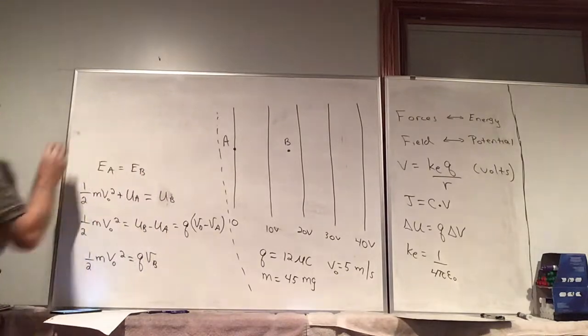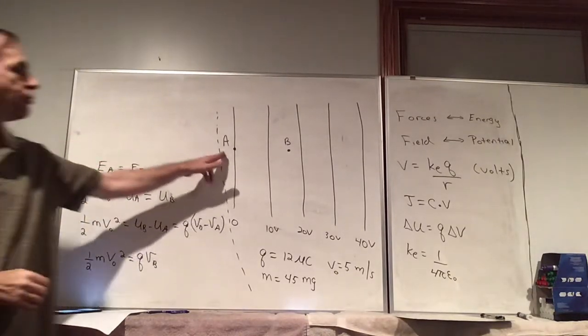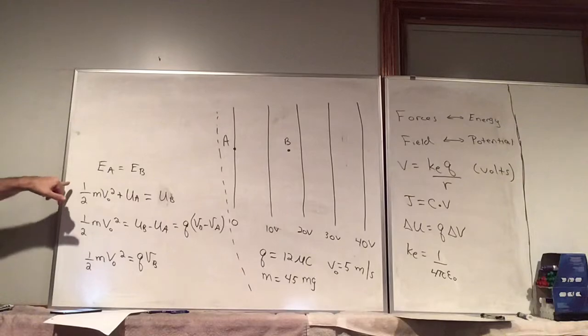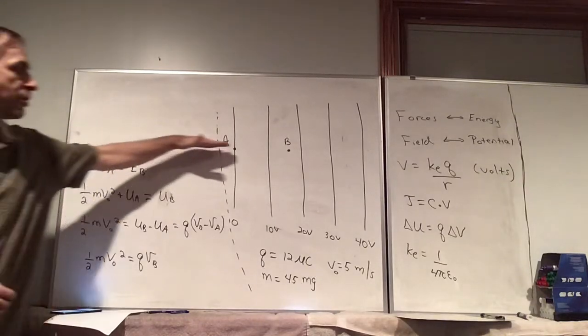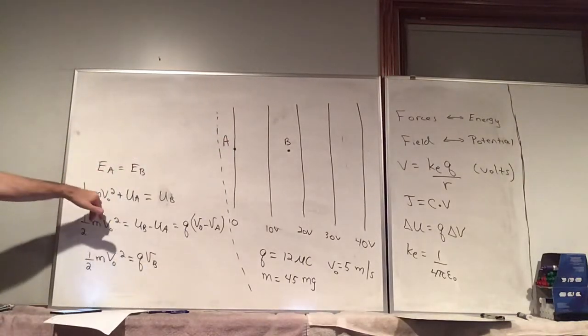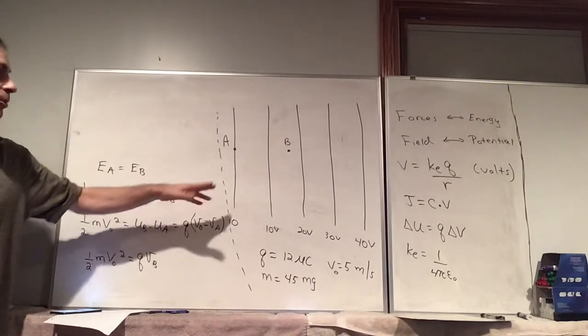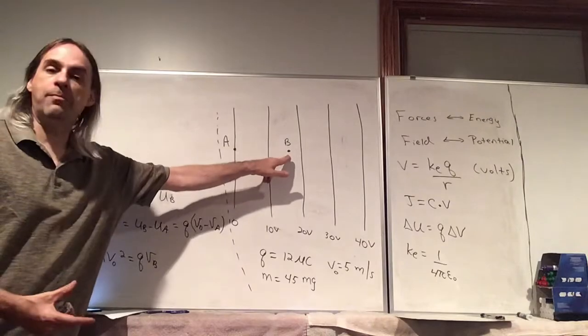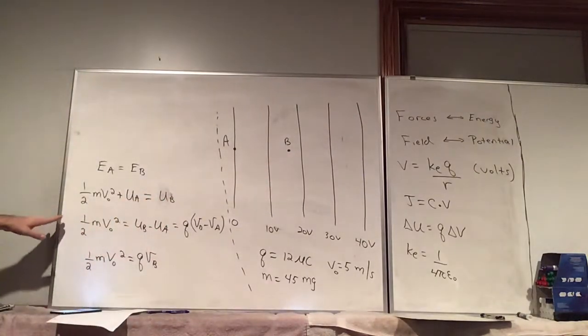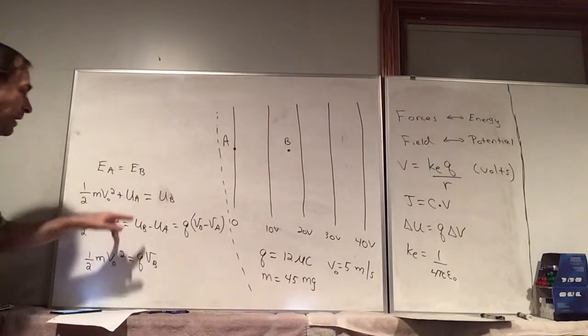Let's just review this. Energy at A equals energy at B. It entered with a certain kinetic energy, one half m v squared, plus UA. And that equals UB, plus the kinetic energy at B, which is 0.